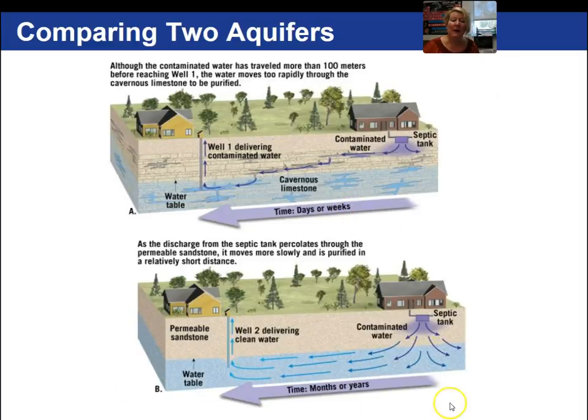Now, if we look at this bottom picture, what we have is not a cavernous limestone underlying the homes, but a nice sandstone. When the septic tank is leaking and hits the aquifer, the contaminant travels much more slowly, and it cleans itself by the time it gets over to this well.